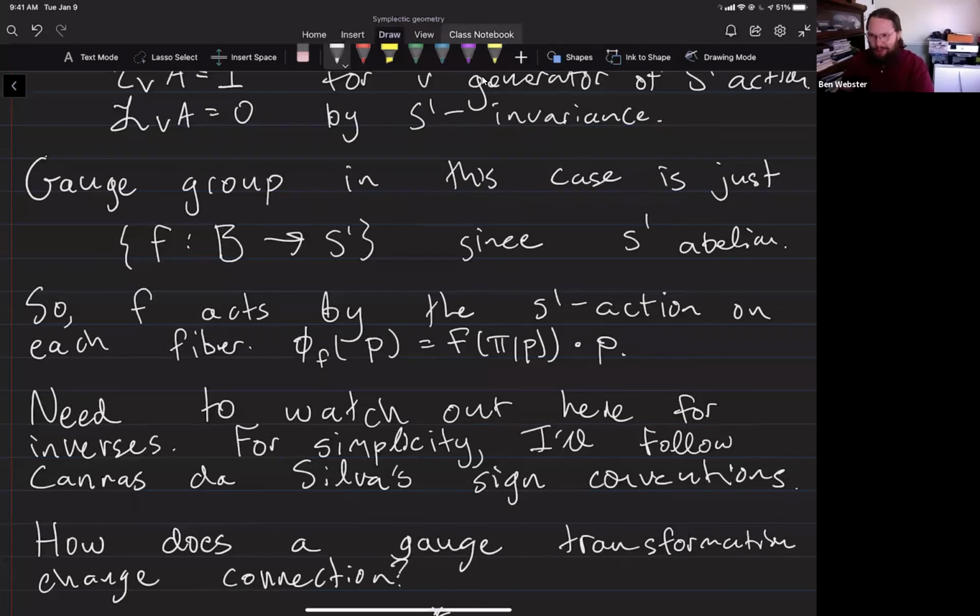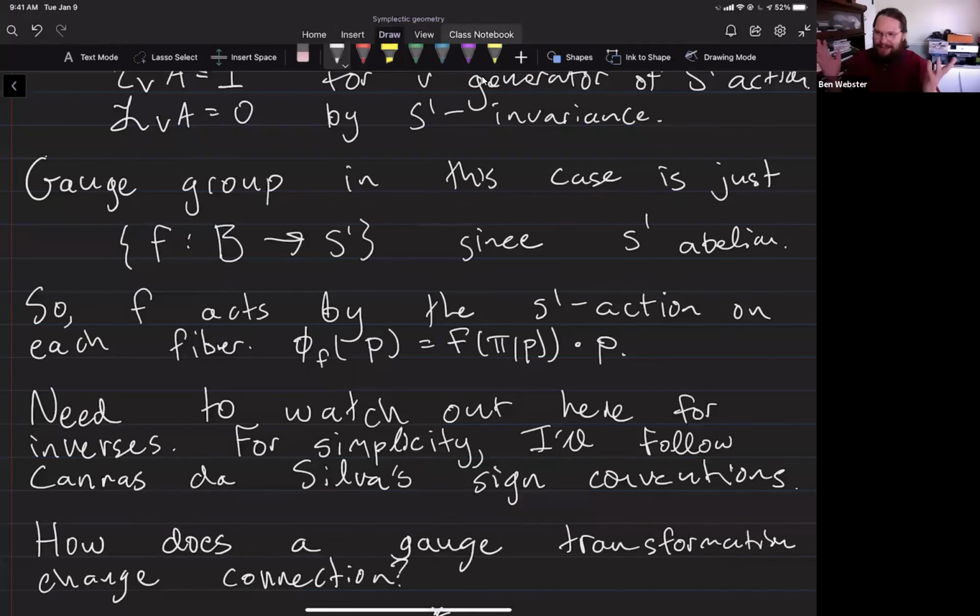I'm not sure I'm totally happy with Canis de Silva's, because I really think this should have an inverse on it, but it's one of these things where if you change that sign, you can change a sign somewhere else randomly to make everything work out, but I think it just makes life too complicated.